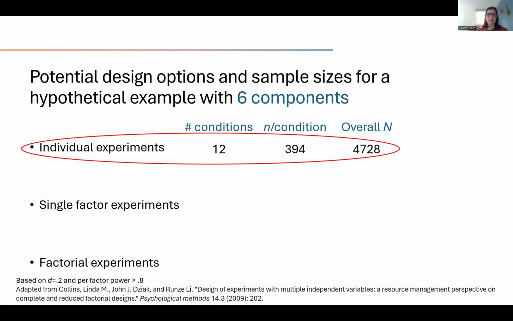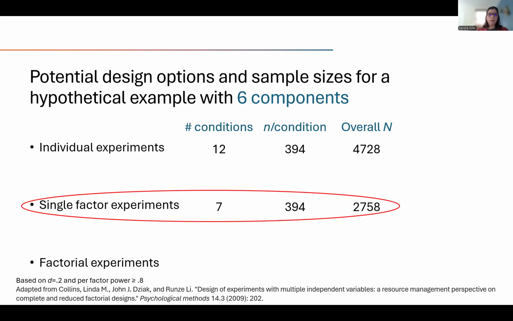Okay, that's in my world, that's a lot. And then the single factor experiment, where we have the one sample and then we give a subgroup the pedometer, a subgroup WhatsApp, a subgroup each component, and then a subgroup receives nothing, and we're comparing them to each other. In this case, we would only need just over 2,700, which is much better than the individual experiments.